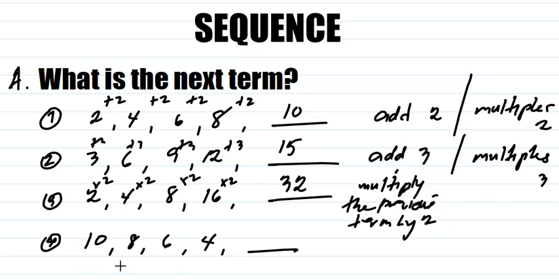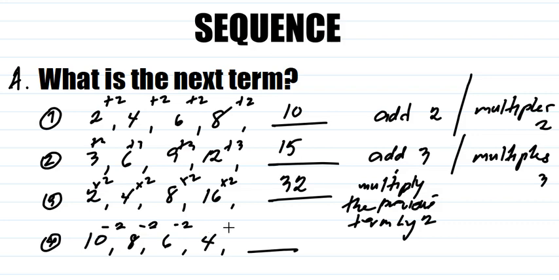Yung first mong man-notice sa number 4 natin ay bumababa yung number. So, yung 10 ay naging 8, yung 8 ay naging 6, at yung 6 ay naging 4. So, in short, meron tayong sinasubtract dito. Right? So, ang 10, pag magiging 8 siya, ibig sabihin, nag-subtract tayo ng 2. Tsaka yung 8, pag sinubtract natin yung 2 sa kanya, ay magiging 6.